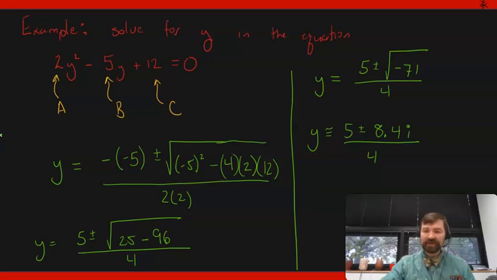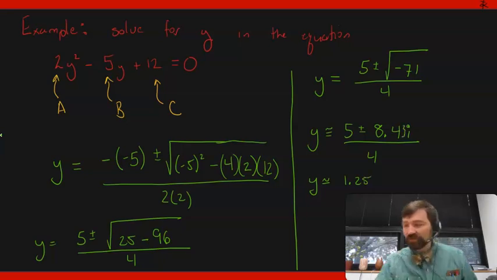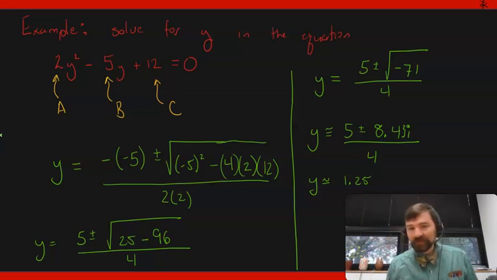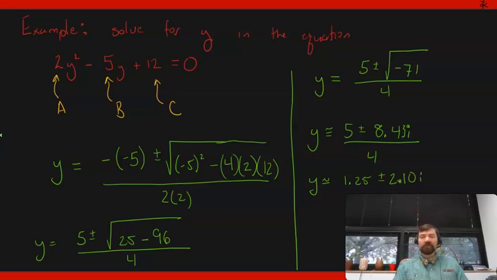Okay, so you could do that. You could divide both numbers by 4. So this would be 1.25. This is 8.43. If I divide by 4, I end up with plus or minus 2.10i. That's your solution.